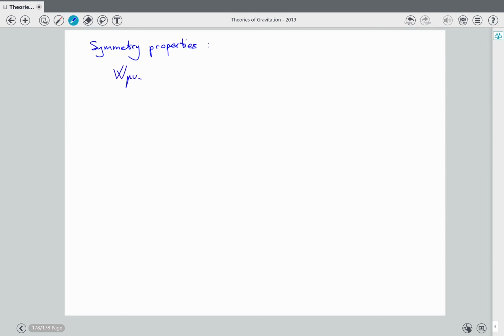W mu nu rho sigma is equal to minus W nu mu rho sigma, and that is equal to W rho sigma mu nu.